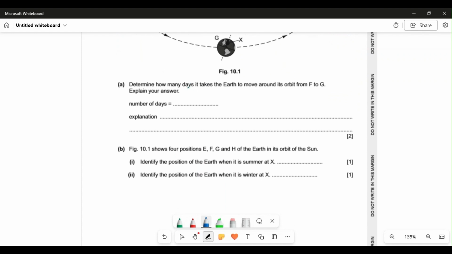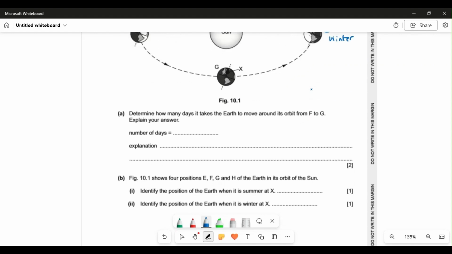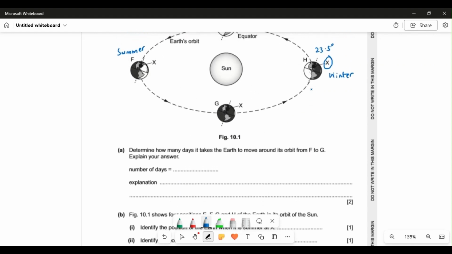Let's move to question A. Determine how many days it takes the Earth to move around the orbit from F to G. First of all, the orbital period of the Earth is 365 days. So the number of days it will take to move from F to G: the period is 365 days, and F to G is one fourth of the period.